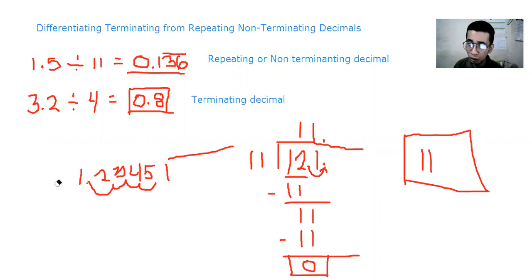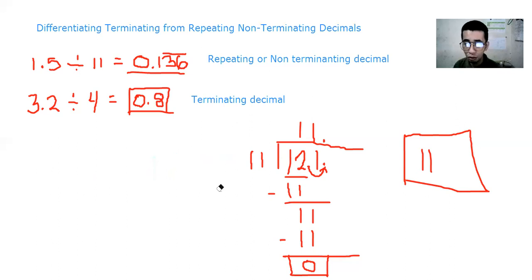Kailangan wala ng point sa ating divisor kapag mag-divide tayo. Nasa dulo na lagi yung point. Okay? Kaya nga nag-move din tayo sa ating dividend ng isang point. So, very good si Marco dahil nag-0 yung ating remainder dito. So, that is a terminating decimal.